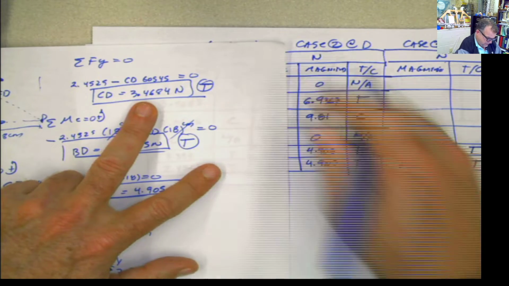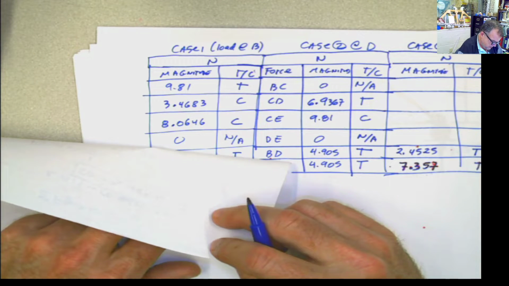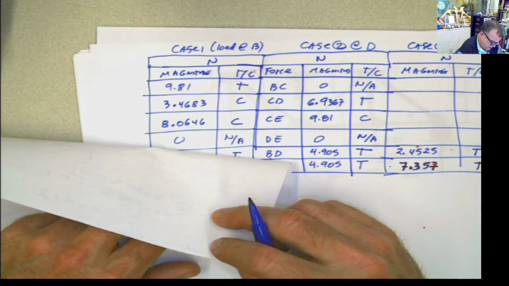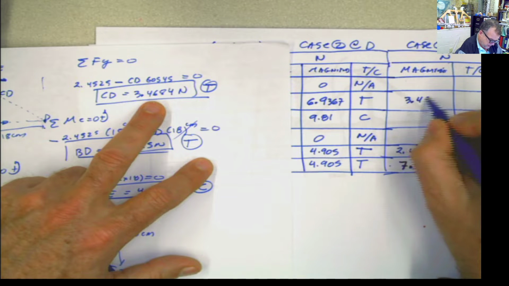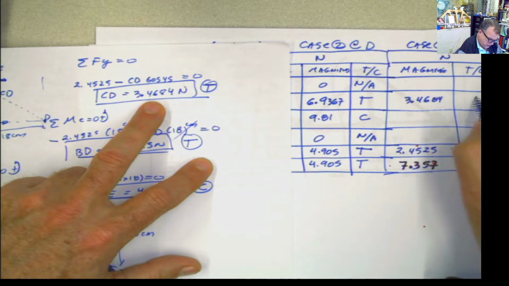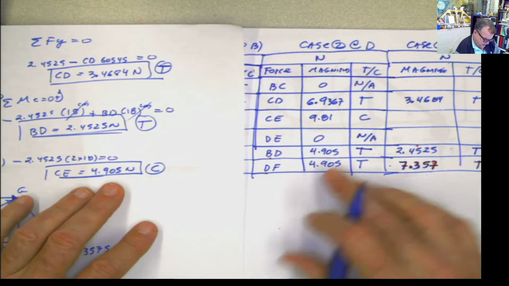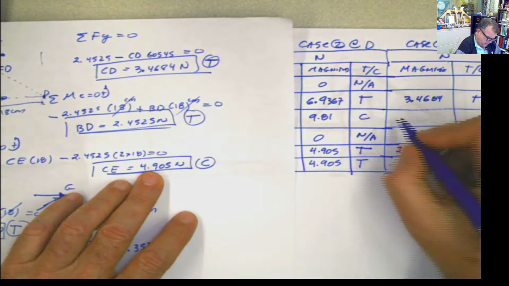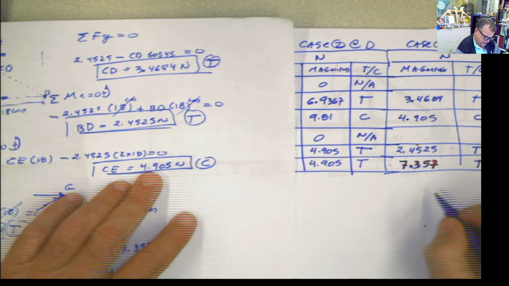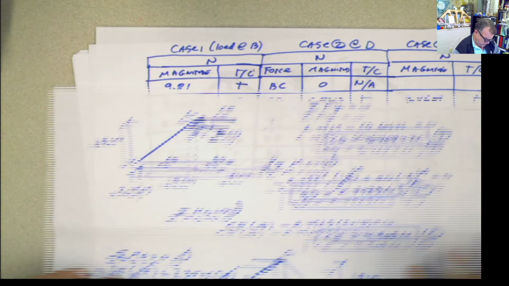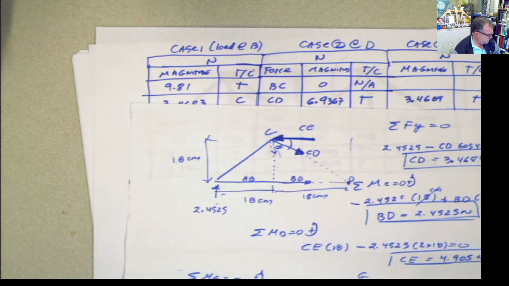CD here, 3.4684 in tension. What else? CE here, 4.905 in compression, and I'm missing these two, but these two are, let me look at my drawing.